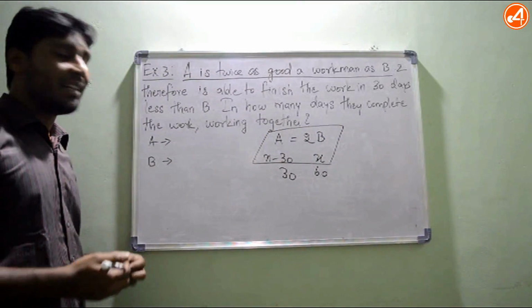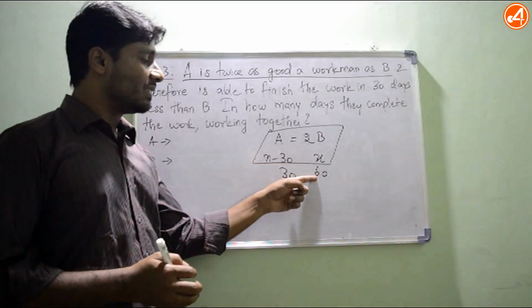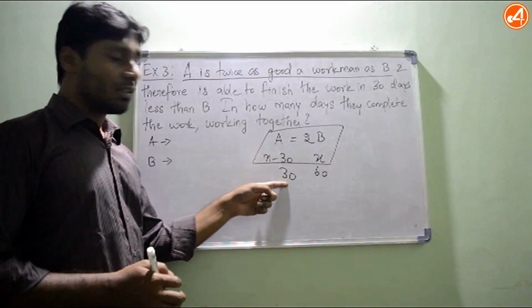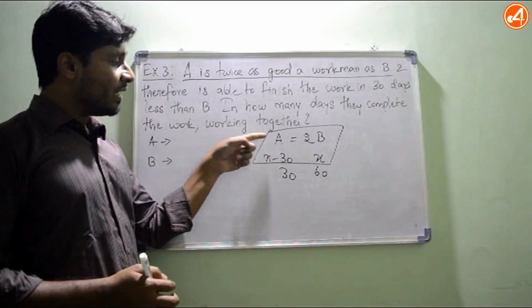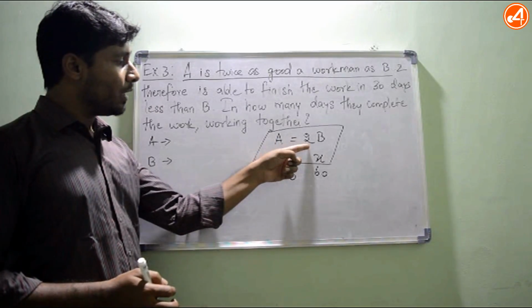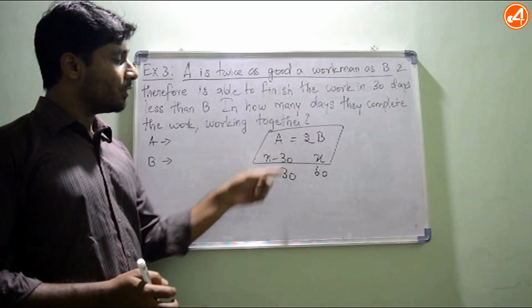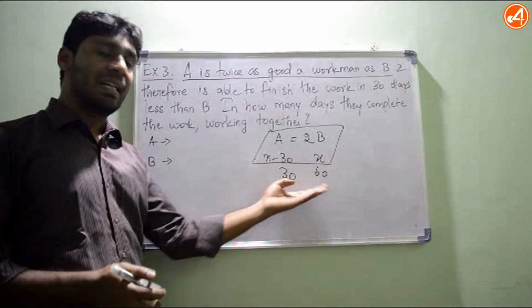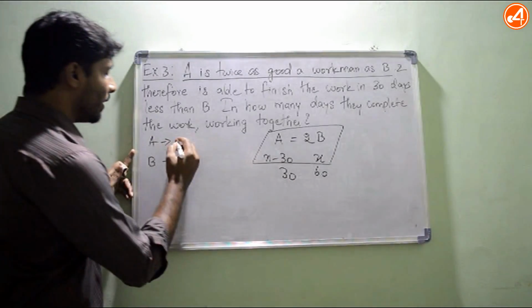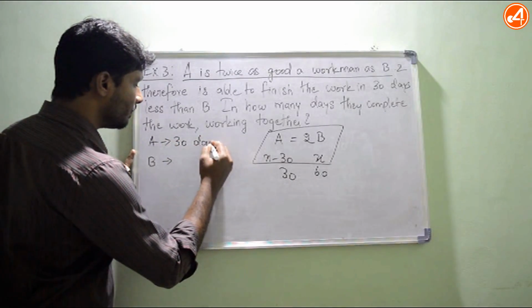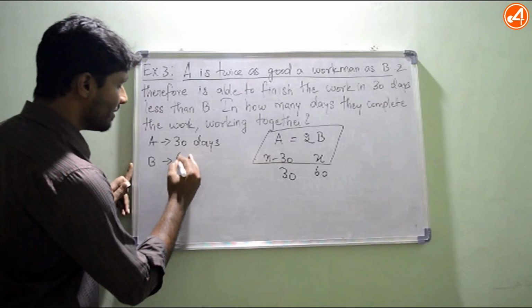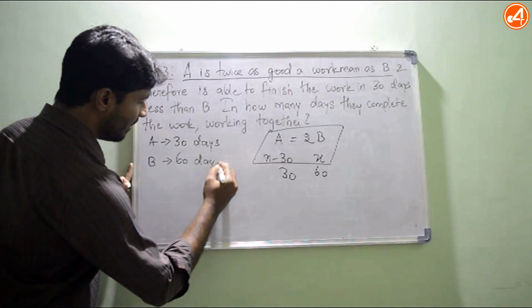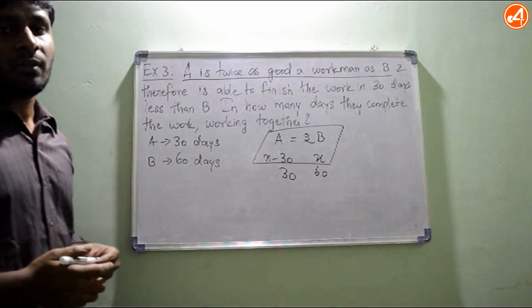I have taken X as 60 and X minus 30 becomes 30. Again check with the first point, A is 30 here, 2 into 30 becomes 60. It's getting tallied perfectly. So I can take that A can do the work in 30 days and B can do the work in 60 days. This is the efficiency and this is the number of days taken.